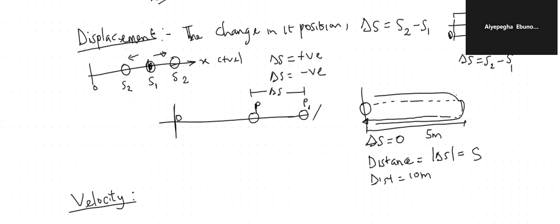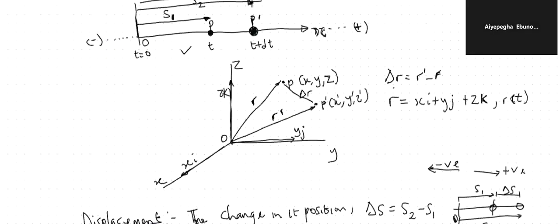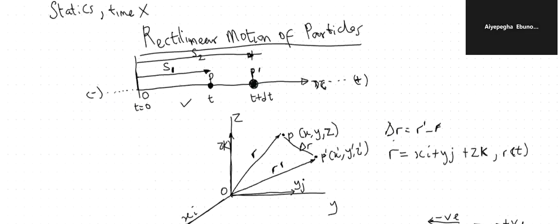Look at this diagram here. In this diagram, we are simply saying that this particle is at P prime, the final position. So this is delta S, the difference between its initial position and final position.